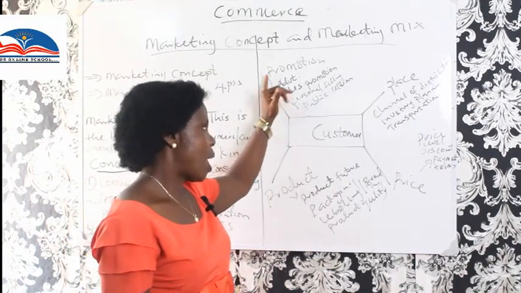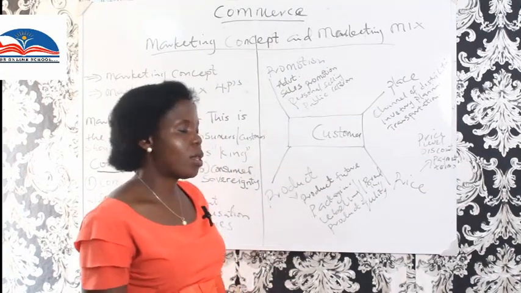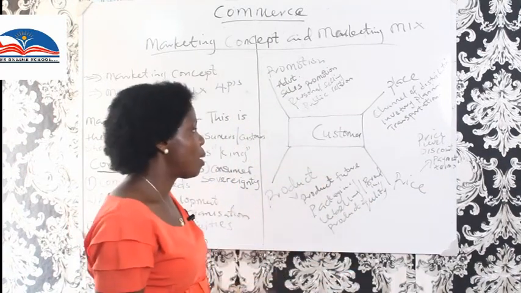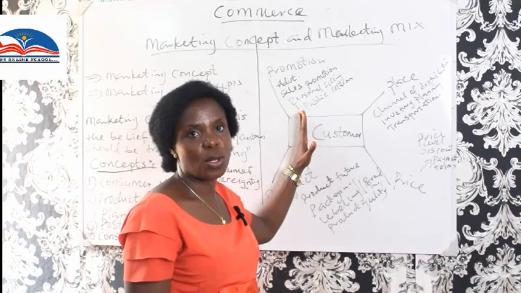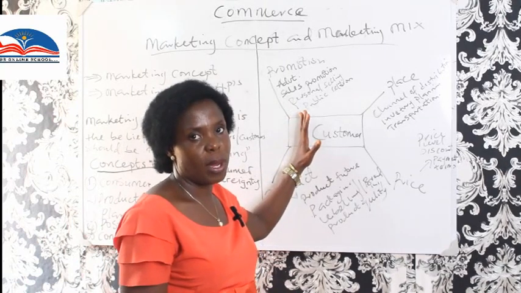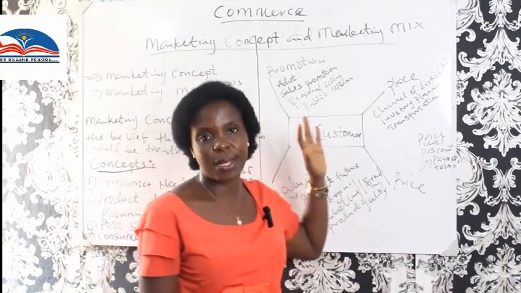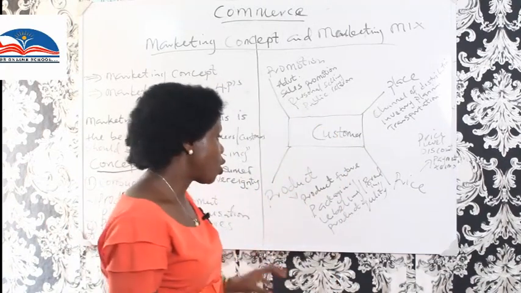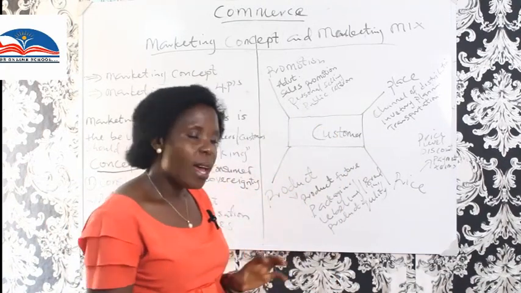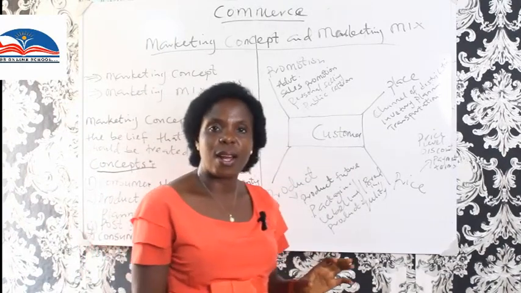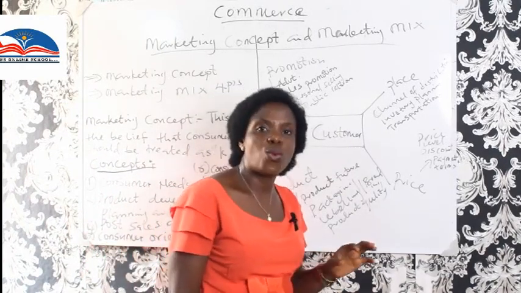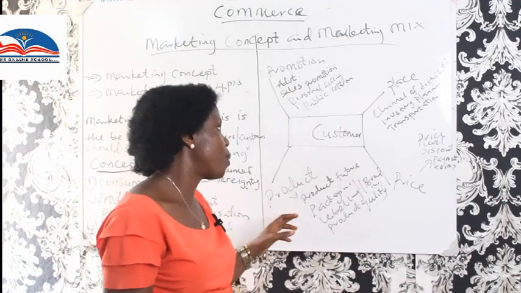Now, every one of these, the product, the price, the promotion, and the place, should be centered on the customer or the consumer. That's what the second objective is telling us about the marketing mix. That the consumer should be put in the center, and every other activity that interacts with it should be that which meets the needs of the consumer.